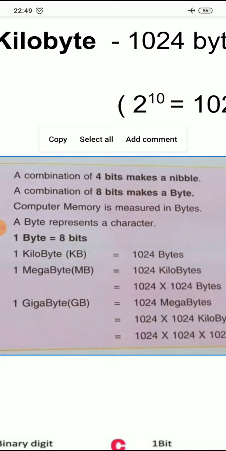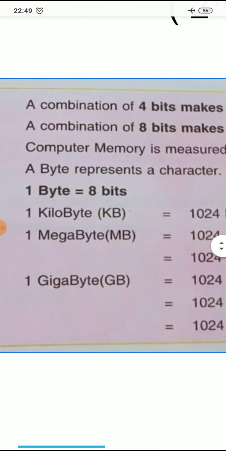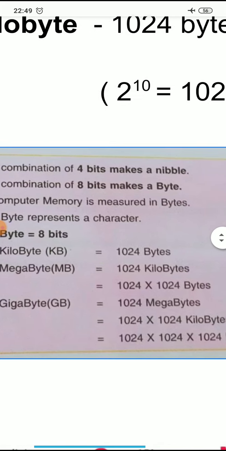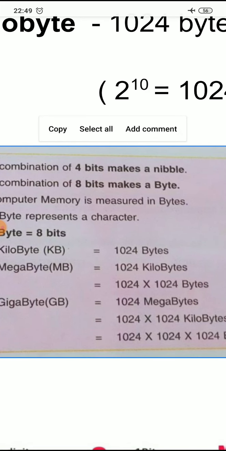So 1 kilobyte, 1 KB is equal to 1024 bytes. 1 megabyte is equal to 1024 kilobytes. Now, how many bytes? 1 kilobyte contains 1024 bytes. 1 megabyte contains 1024 kilobytes. So 1024 into 1024 bytes. 1 megabyte is equal to 1024 into 1024 bytes.